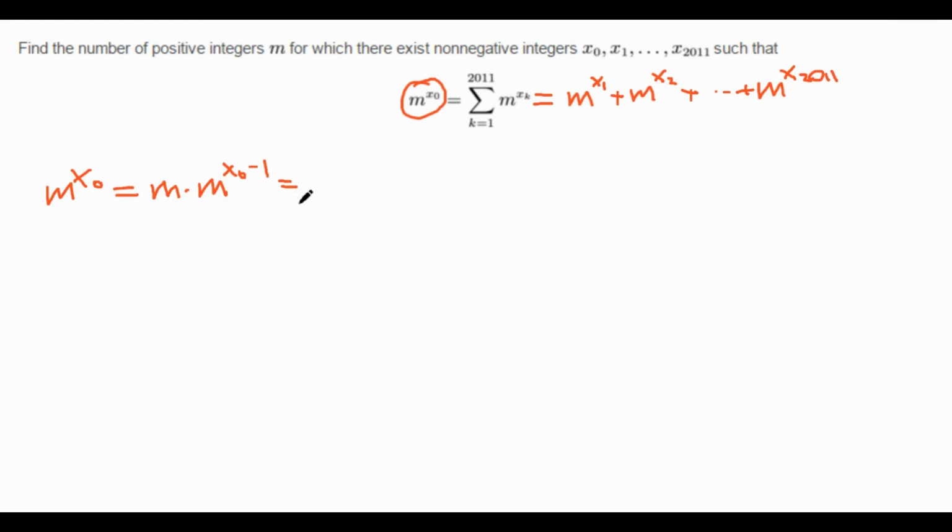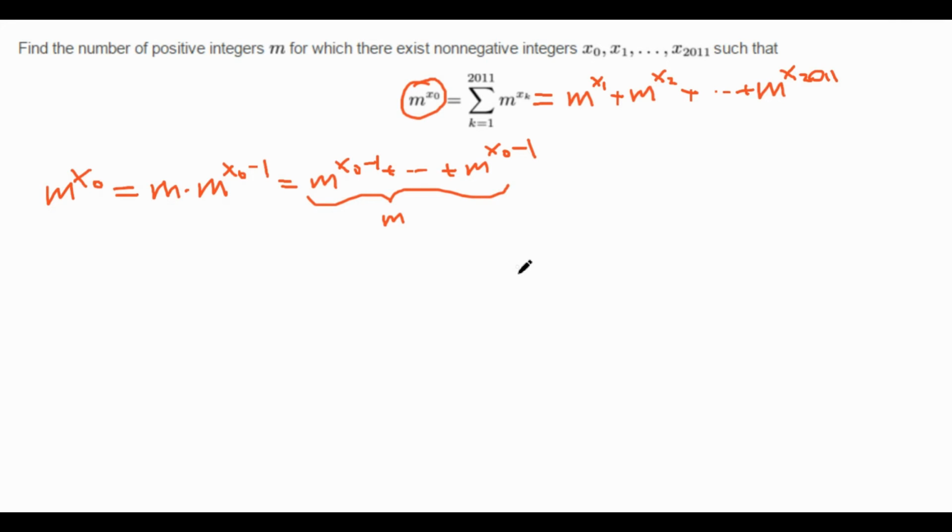And this is equal to m to the power of x0 minus 1 plus dot dot dot plus m to the power of x0 minus 1. And there are m of these powers of m.